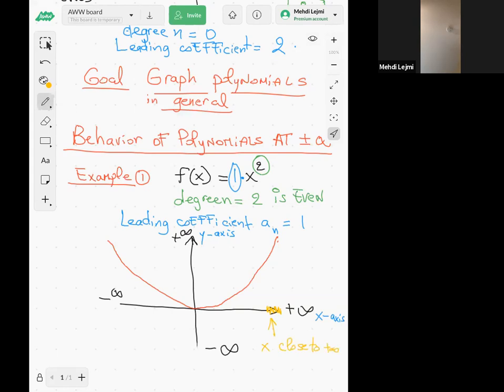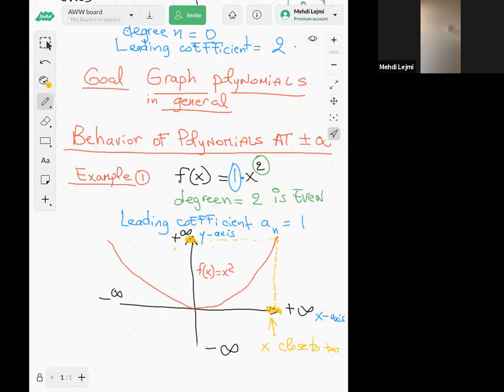Now, what happens to the value of the function f, again f of x equal to x squared? What happens to the output? The output is here, which corresponds to positive infinity.